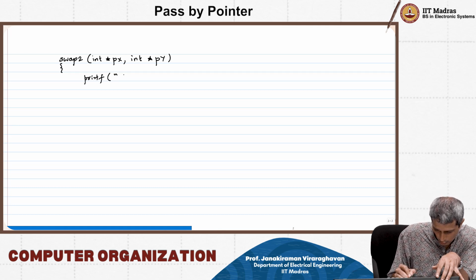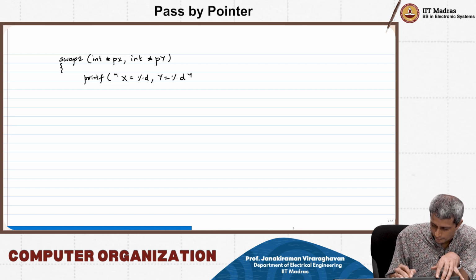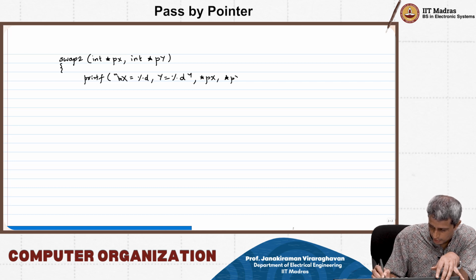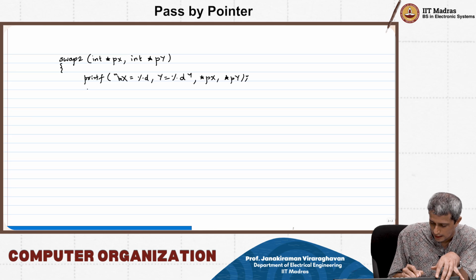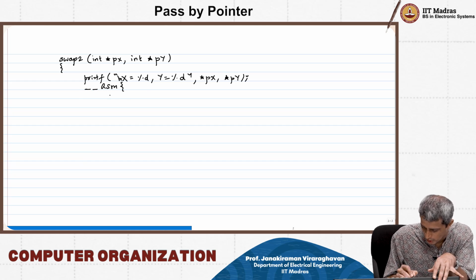Maybe I'll write this alone: "%d, x equal to %d, y equal to %d", right, comma *px, *py, and then underscore asm, right. And what am I doing here?